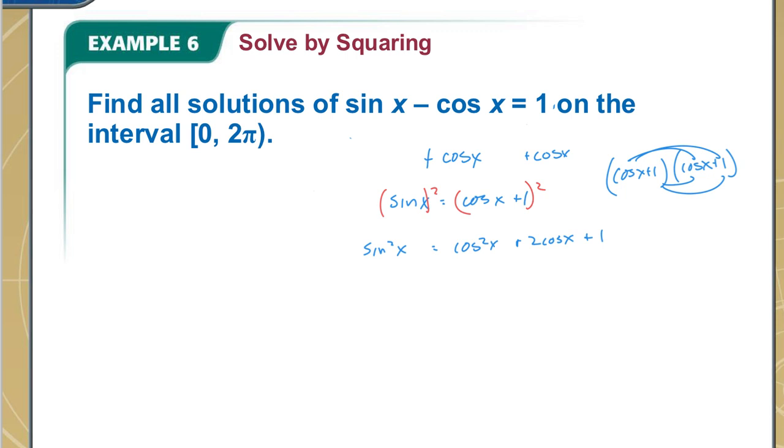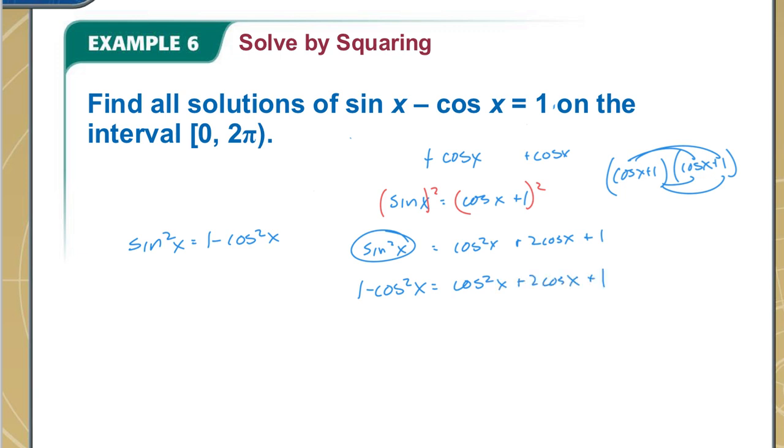Okay. Now, like one of the earlier problems, I can take a Pythagorean identity for sine squared of x, because sine squared of x is 1 minus cosine squared of x. And if I substitute that out for 1 minus cosine squared of x equals cosine squared of x plus 2 cosine of x plus 1.